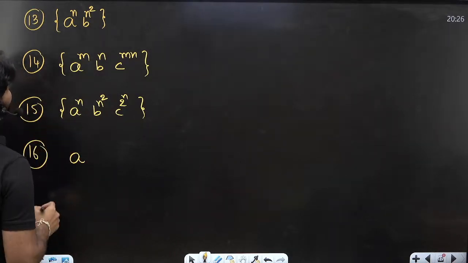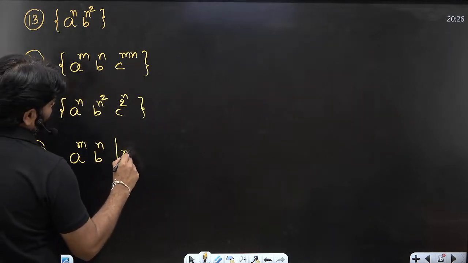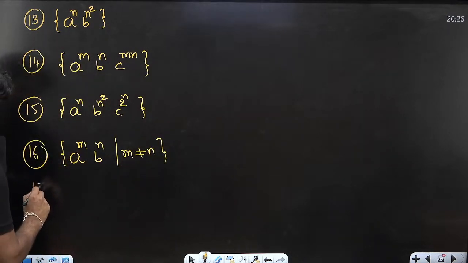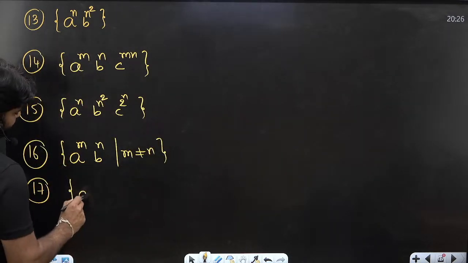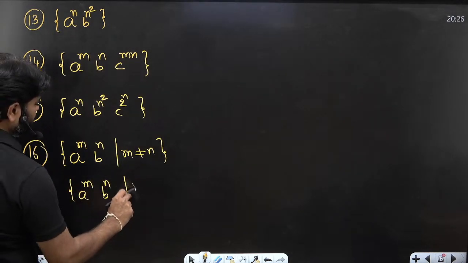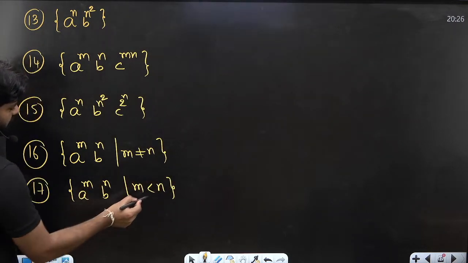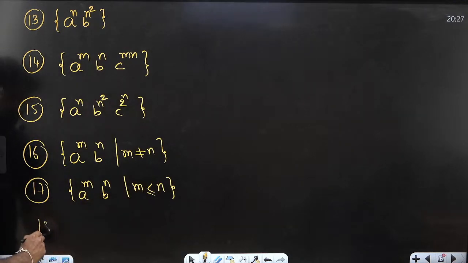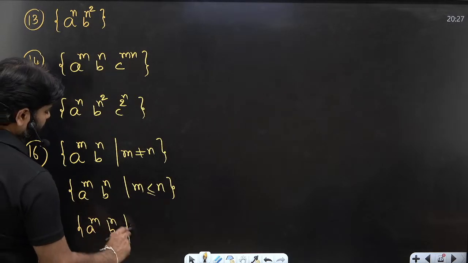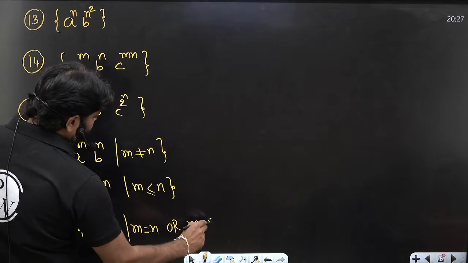A power m, B power n such that m not equal to n. 17. M less than n, or less than or equal to. M is equal to n or m is equal to 2n.